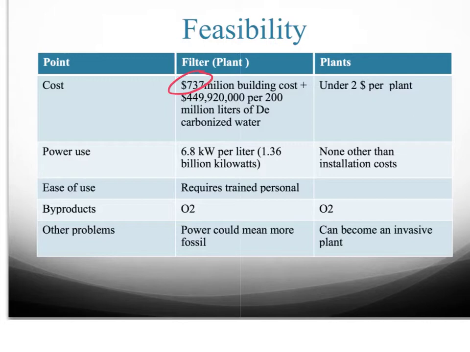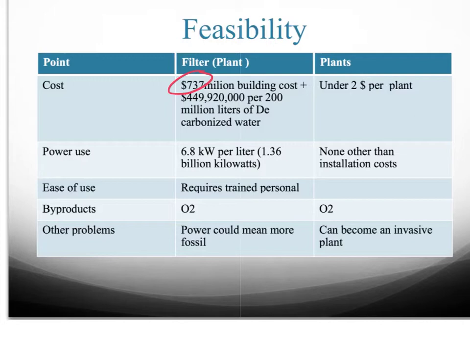Also, it's not so simple to use because it requires trained personnel to operate such a plant and to make sure that everything goes well, because potentially some harm could be done to the ocean. The method produces extra oxygen. And the power costs, in addition, could also mean that this would accelerate the use of fossil fuels in order to power this plant, and the use of backup generators in case of a power outage.